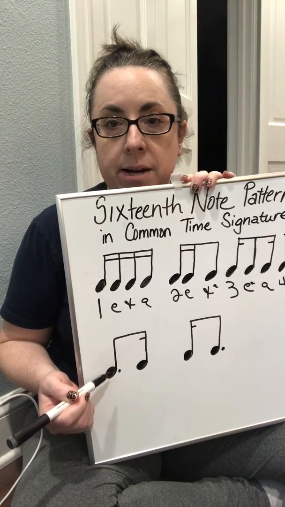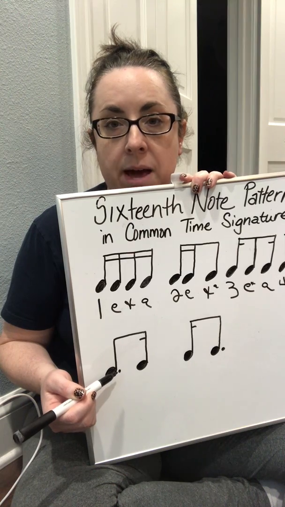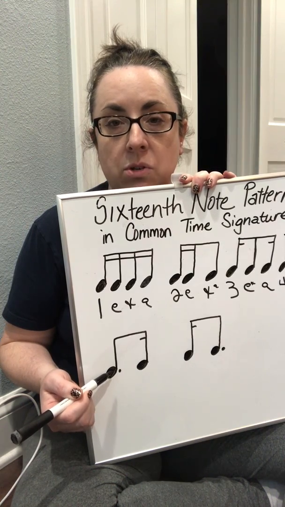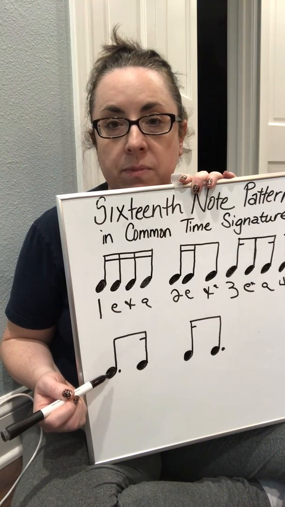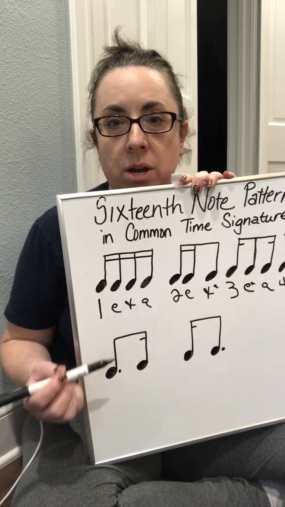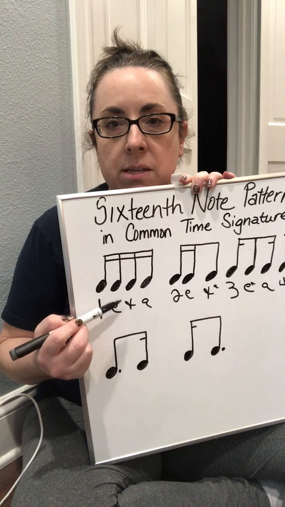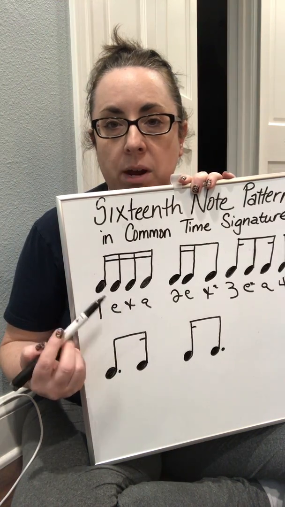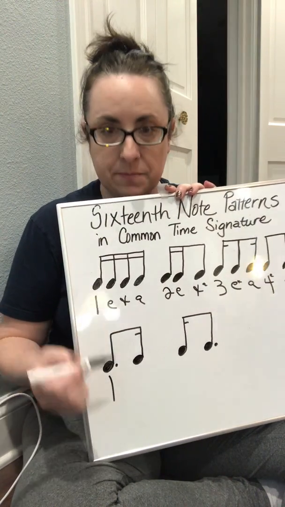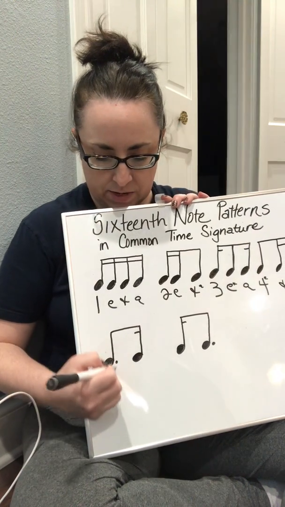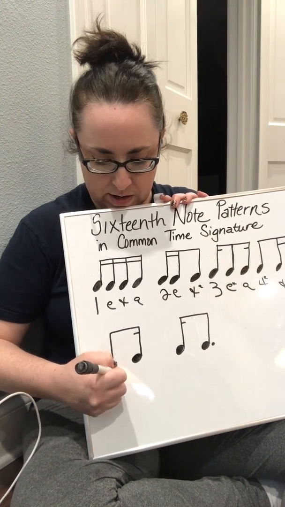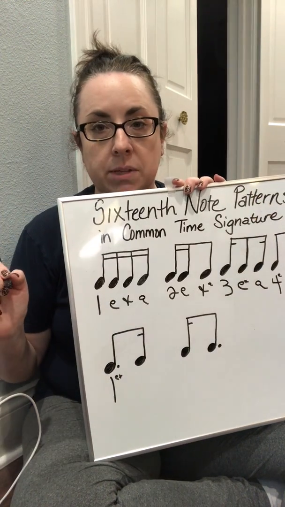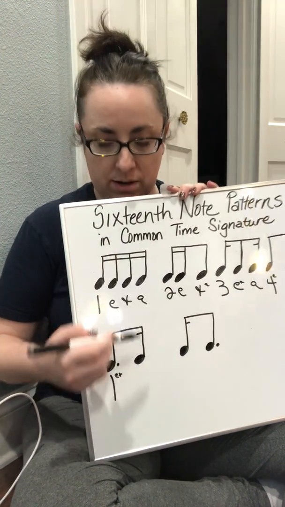So when I'm dotting my eighth note, I'm adding an extra 16th note. There are 2 16th notes in an eighth note, and then I add a third. So it's as if I'm tying these first 3 together. So I would have 1, and then I'm tying through my E. I'm tying through the and, and then I have the left over.